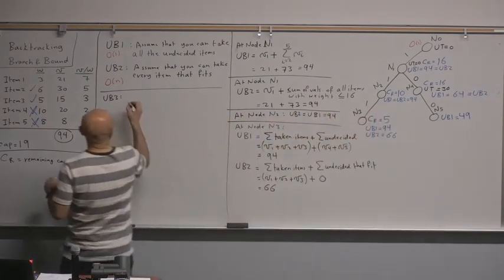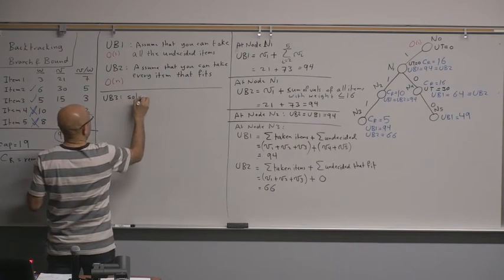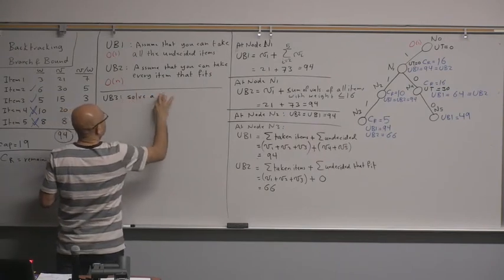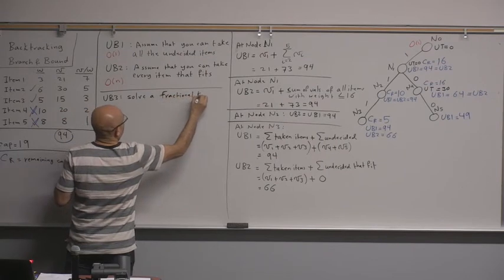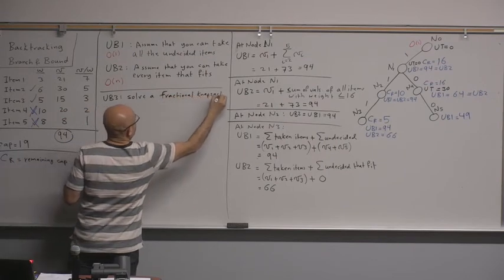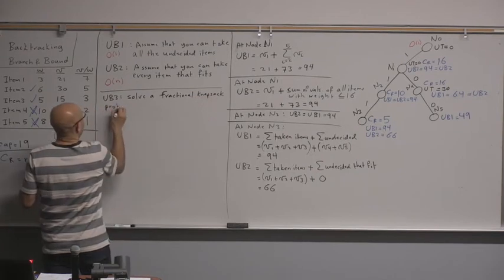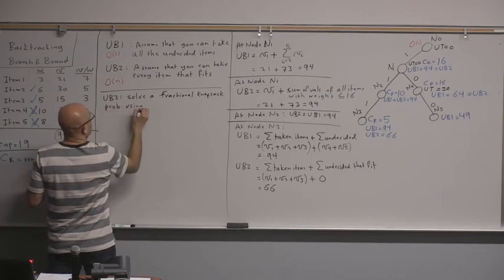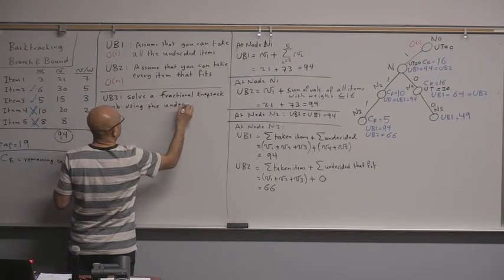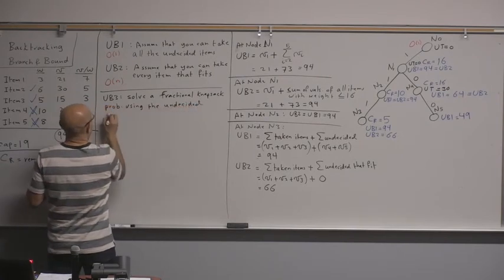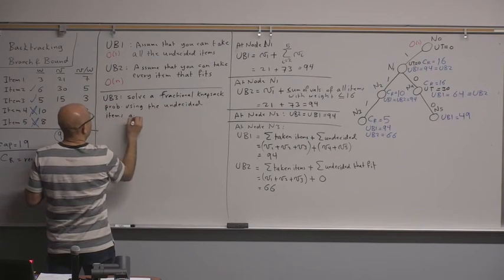So it basically can be described as: solve a fractional knapsack problem using the undecided items and the remaining capacity.